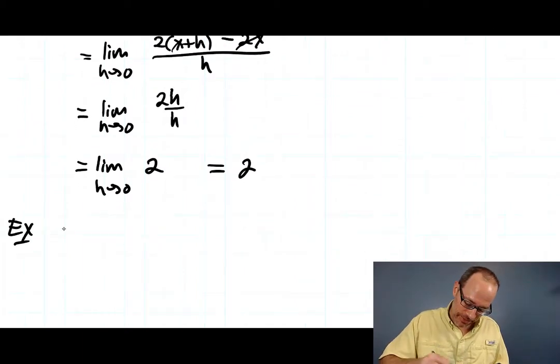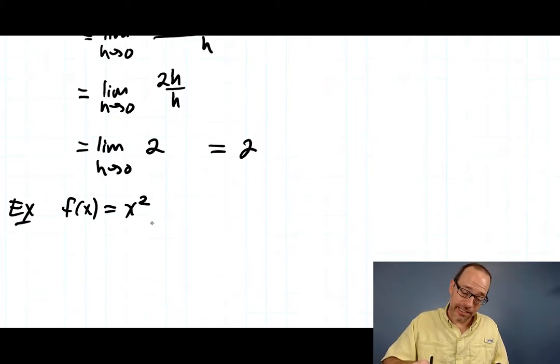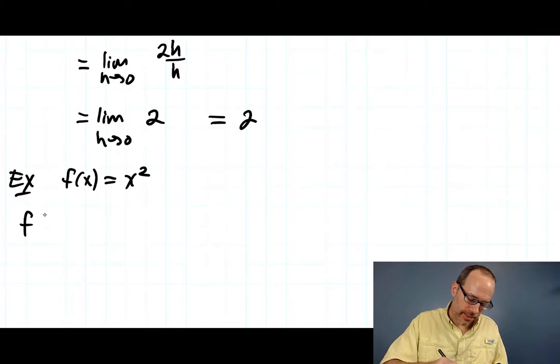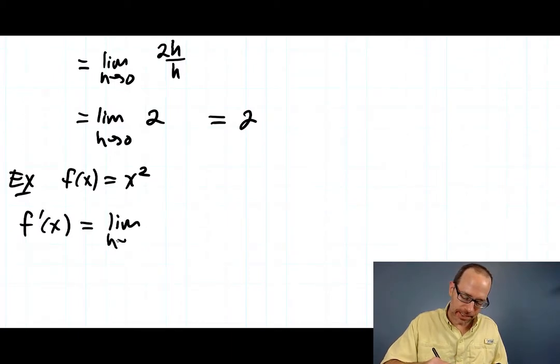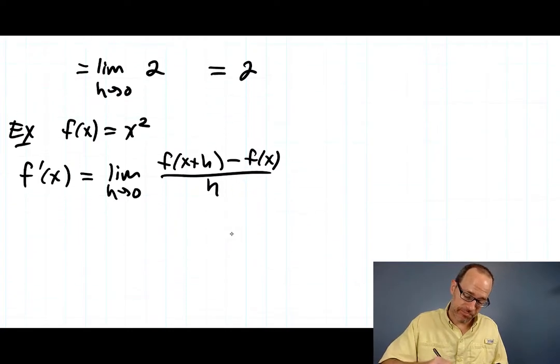Let's do another example. Let's look at the function f of x equals x squared and calculate its derivative. So f prime at x, by definition, is the limit as h goes to 0 of f of x plus h minus f of x all over h. Let's plug everything in.